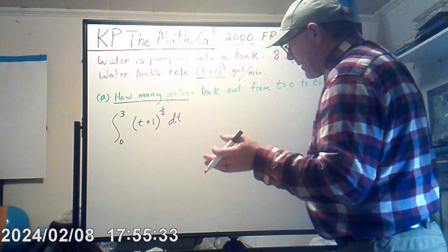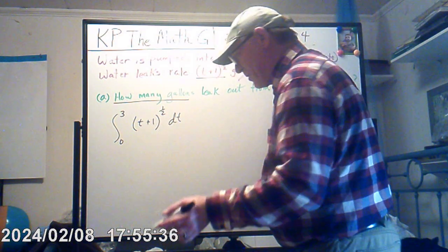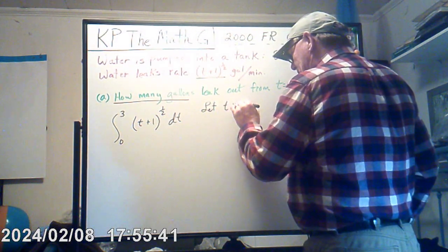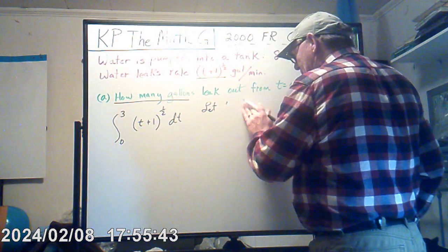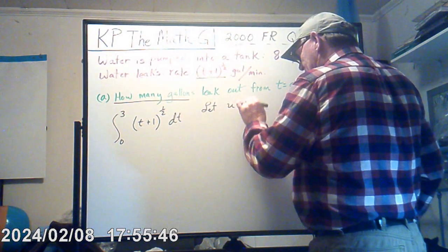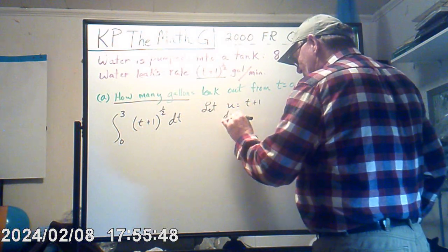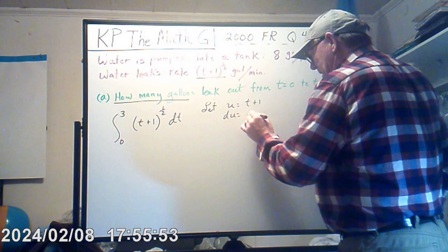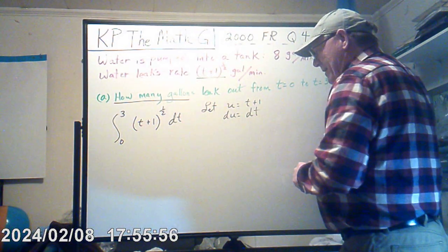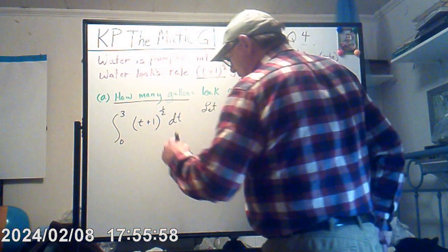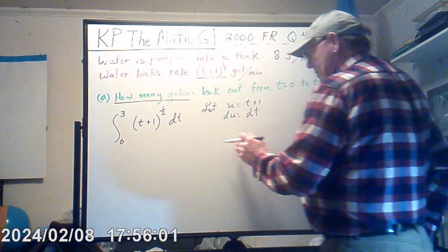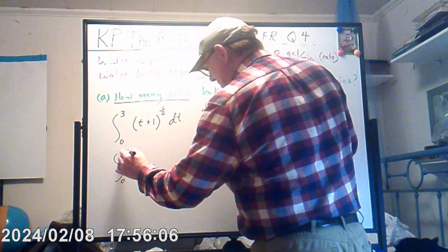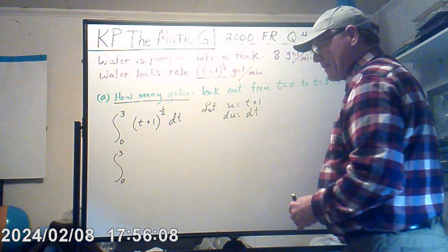Anyway, this is a substitution problem. So we're going to let u be equal to t plus 1, and du is equal to dt, since the derivative of t is just 1.